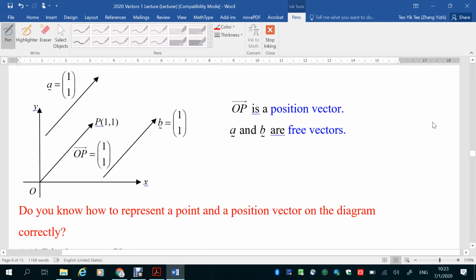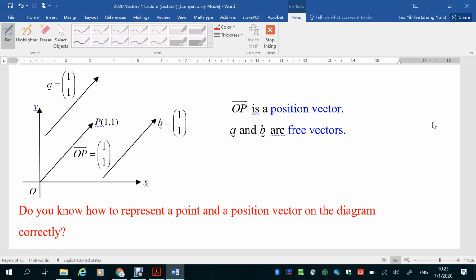If I tell you OP equals 1, 1, that means P relative to O is 1, 1. But if I use small letter b and say that it's 1, 1, it means that direction b is 1, 1. Direction a and direction b both share 1, 1. It's in the same direction, but they need not start from the same point.